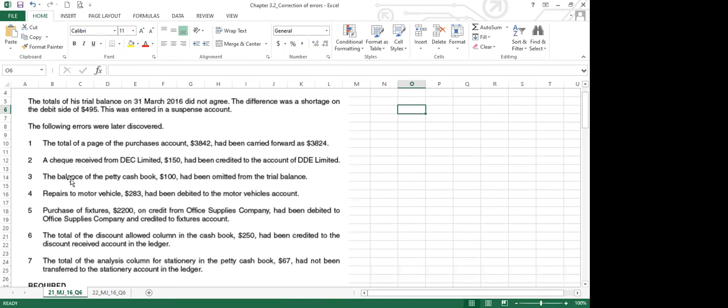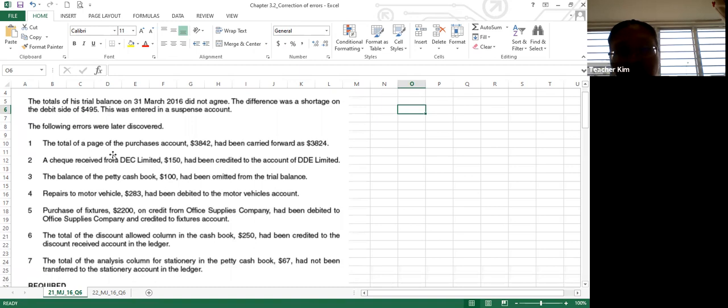Number one error, the total of a page of the purchases account, 3,842, has been carried forward as 3,824. So if we calculate the difference, supposedly it is 3,842, but we under declared.